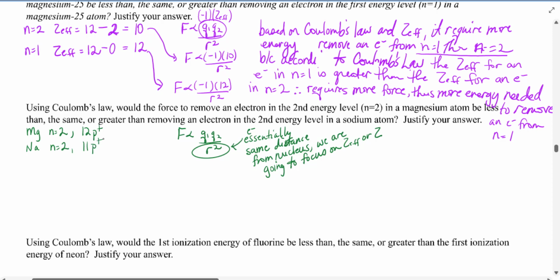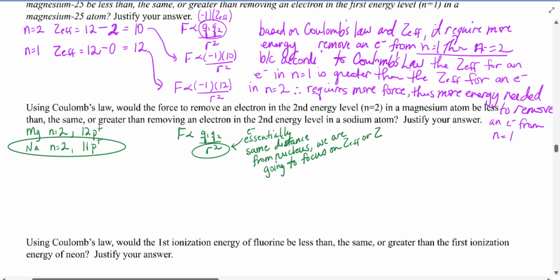All right. So you can plug it into your Coulomb's law, and one will be about 12, and the other one is going to be about 11. Okay. So it would require less force to remove an electron from a sodium ion or atom because it has less protons.